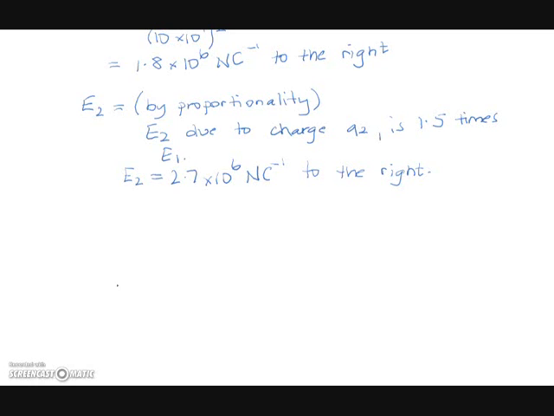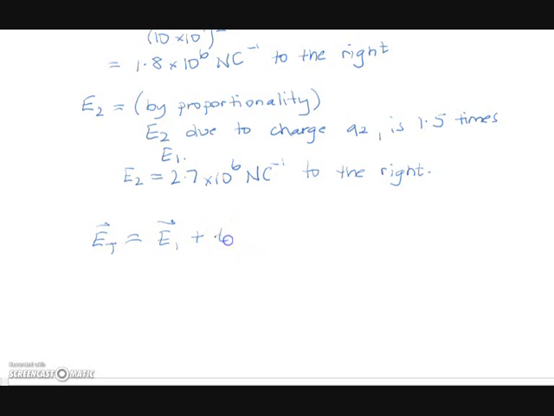Okay. So now we've got E2, we can work out our E total due to those two charges at that point. We have to do E1. Because they're both going to the right, we add them. These are vectors.